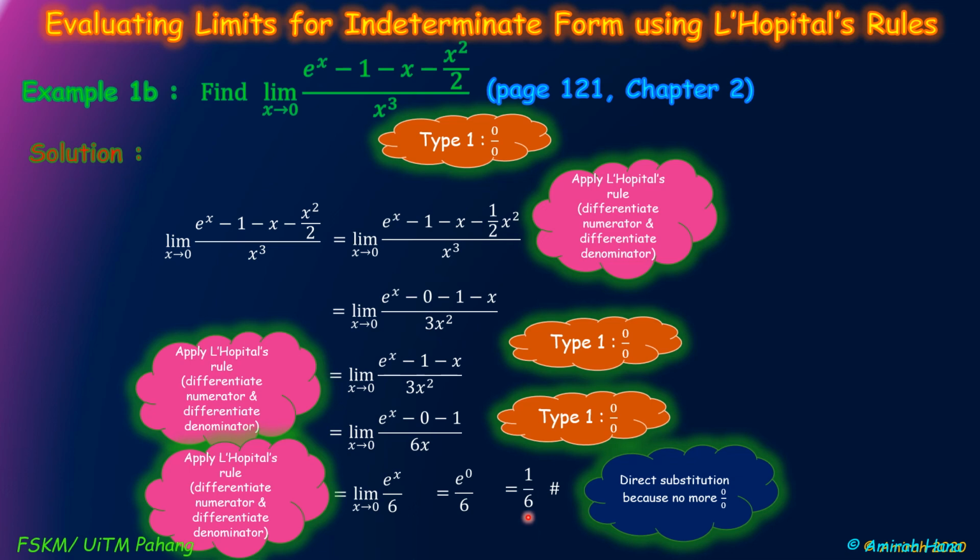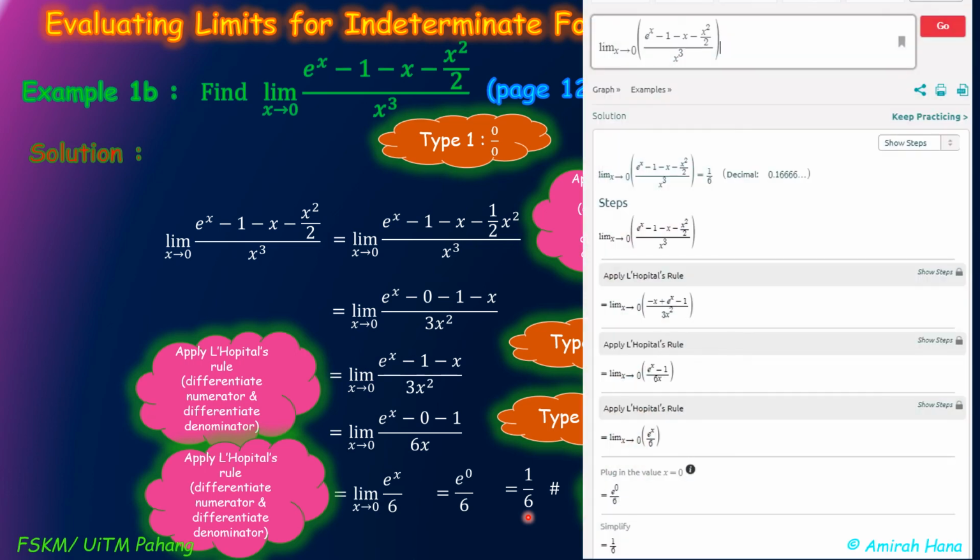You can check the answer using Symbolab. From here, we just put in the correct syntax, exactly like the given question: limit x to 0 of (e to the power of x minus 1 minus x squared over 2) over x cubed.